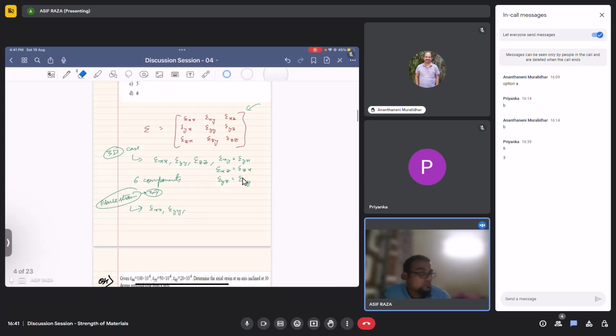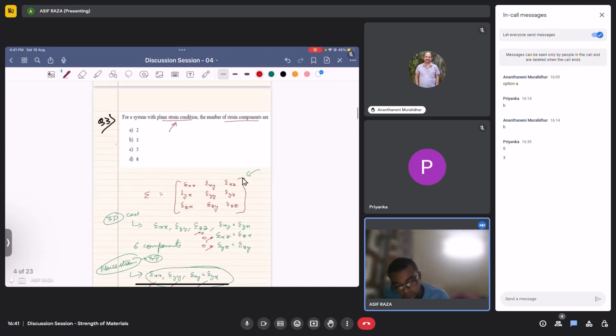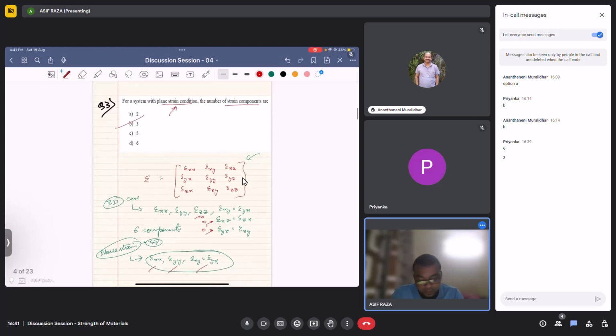All the z components are 0, so this would be equal to 0, this would be equal to 0, this would be equal to 0. So we'll be left with epsilon xy equal to epsilon yx. So these are the 3 strain components which would remain. That's why the correct answer would be option B, 3. Okay. Moving on to the next question.